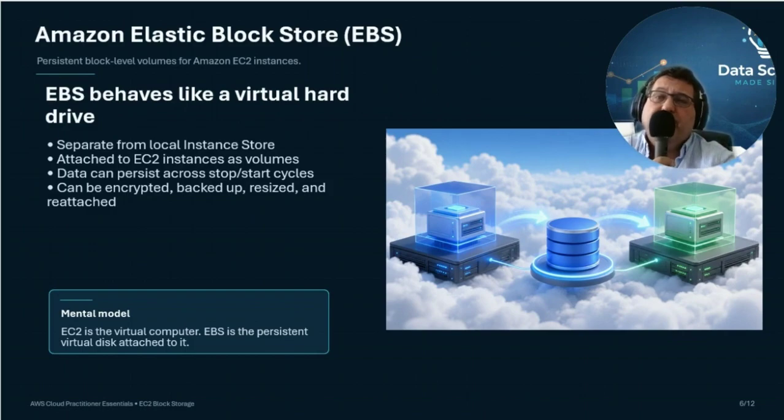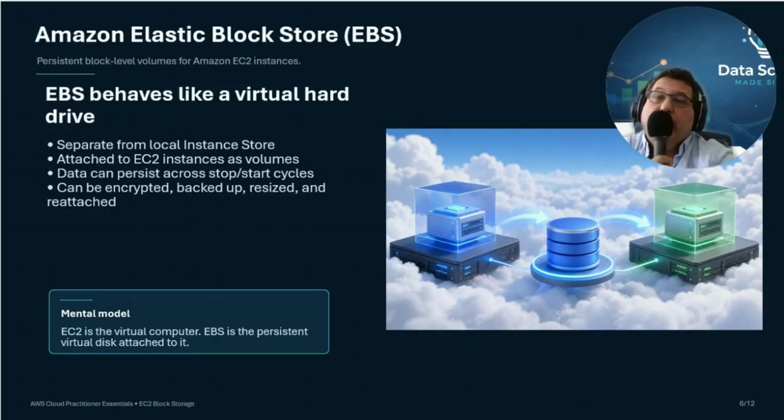The central idea is that Amazon EBS provides a persistent virtual disk for EC2. It is normally the appropriate choice for operating system volumes, application files, databases, business records, file systems, and information that must survive a stop and start cycle.